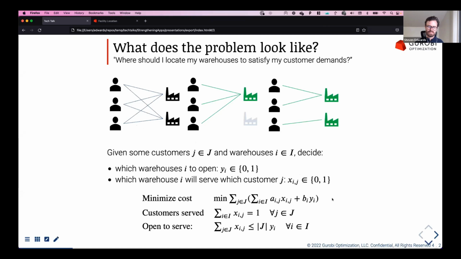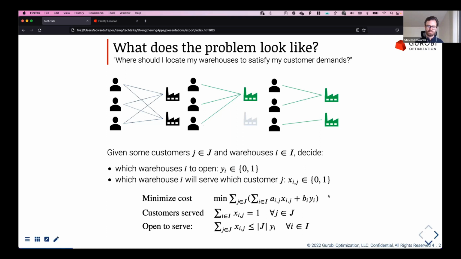Then with these decision variables, we're minimizing the cost to both serve a customer from a specific warehouse, but also open a warehouse. We have to ensure that each of our customers are served in this very simplified version of the problem. So we have to make sure that each customer is linked to at least one warehouse. And we also have to ensure that a warehouse is open in order for it to serve customers. So essentially, you can't have a customer going to a warehouse location where there's no warehouse. Pretty simple.